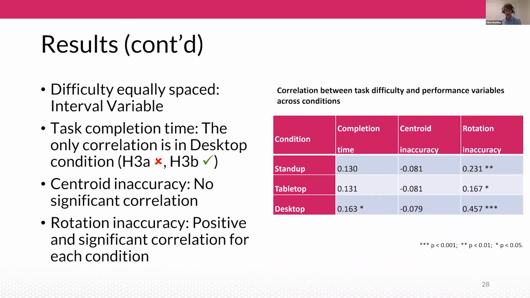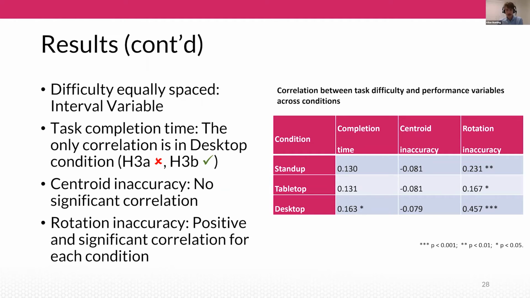Our next research question concerned the relation between task difficulty and the performance measures. As Andreas has told you, the tasks become more complex with every task. The rotation becomes bigger, the tissue slices become smaller, and the distance between the spawning point of the tissue slices and the target becomes further away.